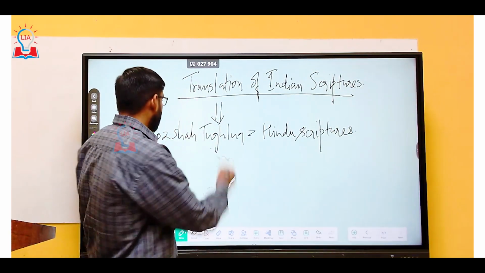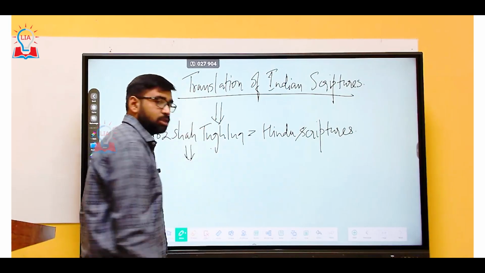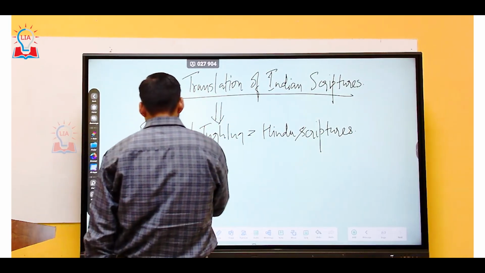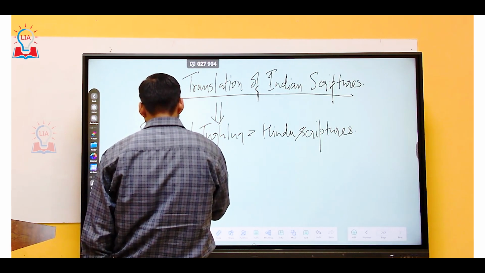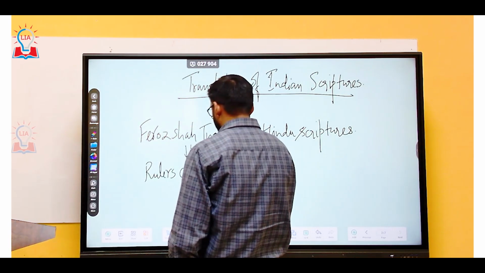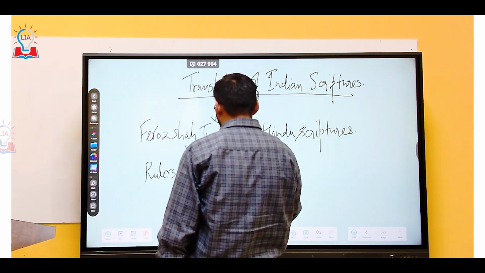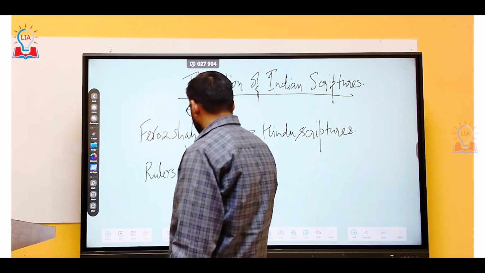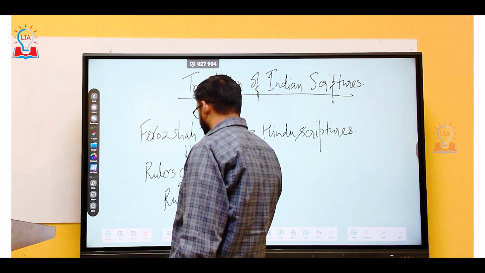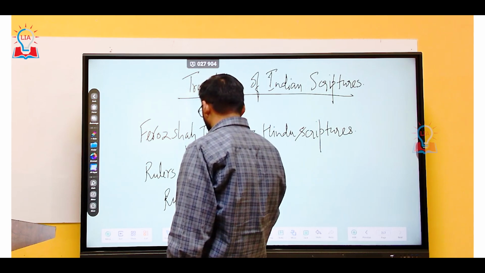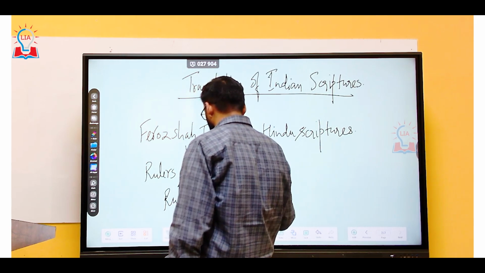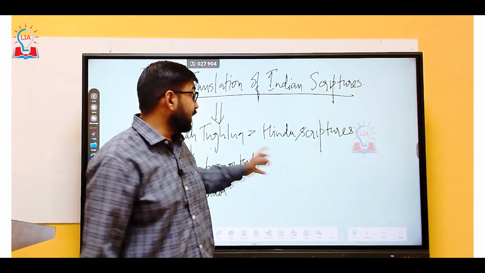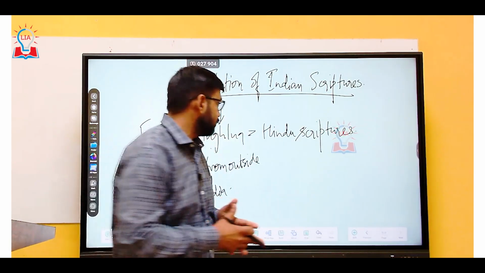Why? Because these Islamic rulers came from outside and became rulers of India. So how are they going to rule India? They need to understand Indian society.